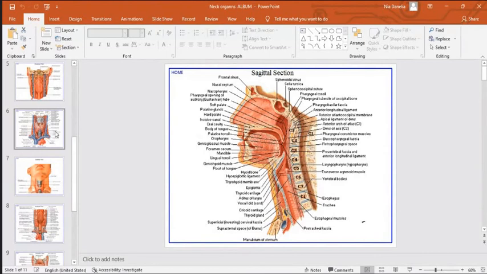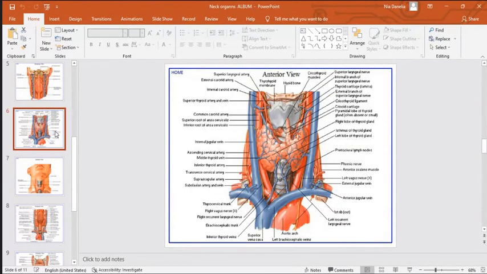So in this triangle, the most anterior organ is the trachea. Behind the trachea is located the esophagus, and anteriorly to the trachea is located the thyroid gland.